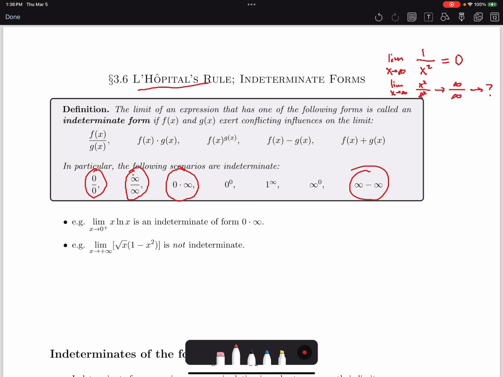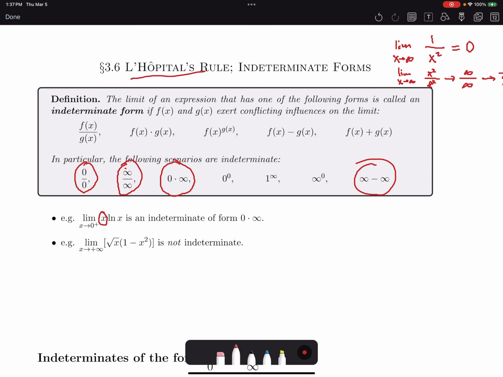For example, the limit as x approaches 0 from the right of x times ln of x is an indeterminate of the form 0 times infinity. Because as x approaches 0, this piece is going to obviously go to 0. And as x goes to 0 from the right, this piece is going to go to negative infinity.